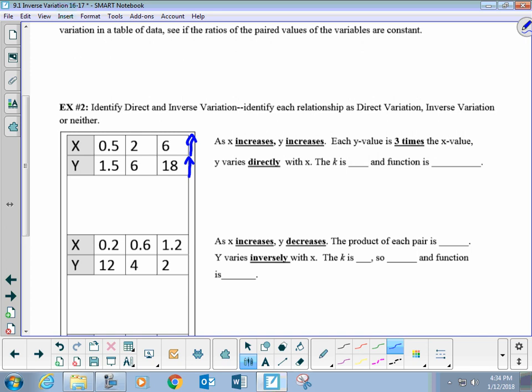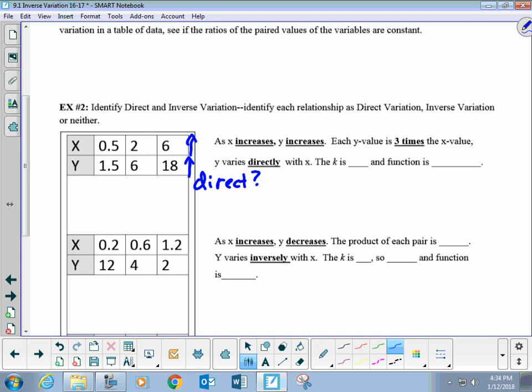Anytime both x and y are increasing, you may have direct variation. That's the only possibility. You may not have anything, but you may have direct variation.